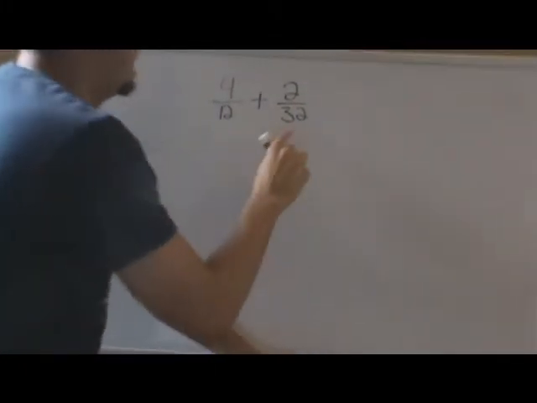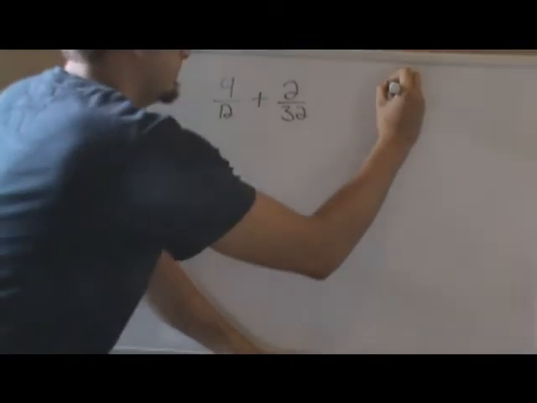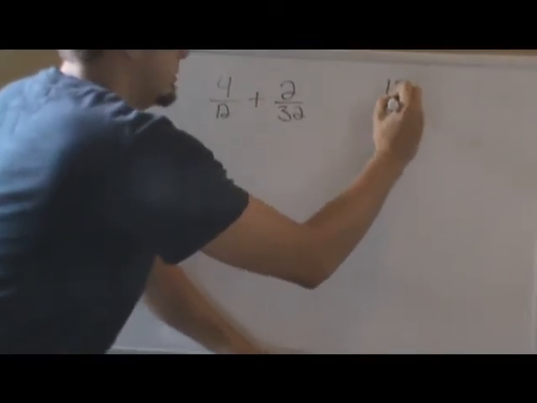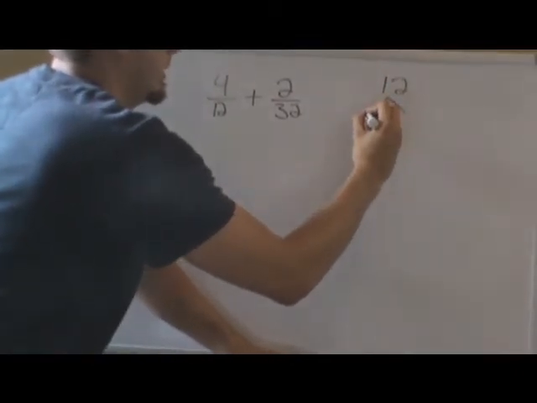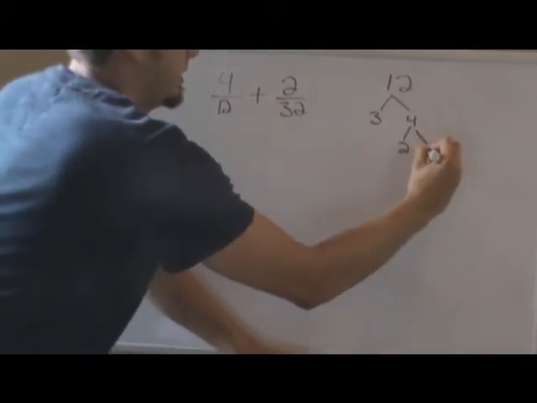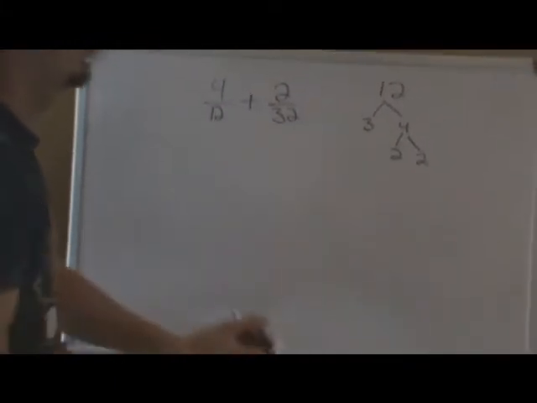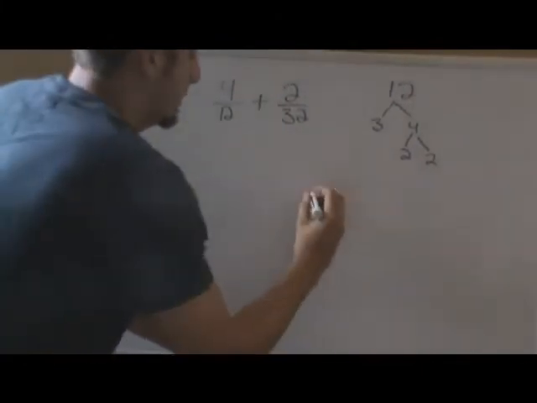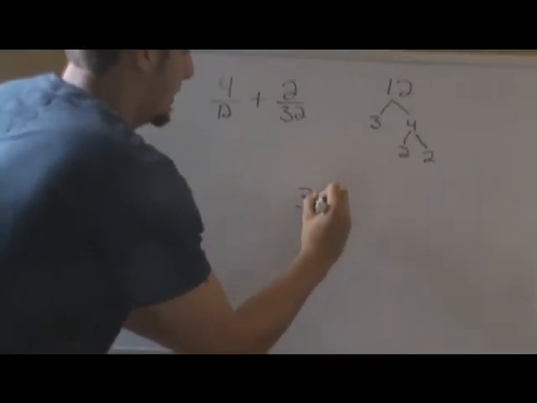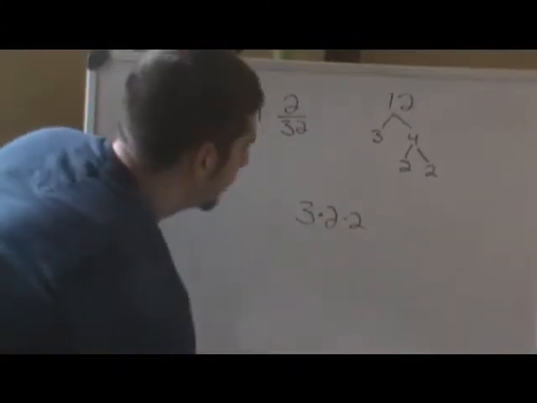So we're going to find the prime factorization of 12 and 32. So that means we have to do the factor tree, because we want to find the lowest common denominator of these two numbers. So to do that, you have to find the LCM. So this is all part of the process of finding the LCM. So the prime factorization of 12 is 3 times 2 times 2.